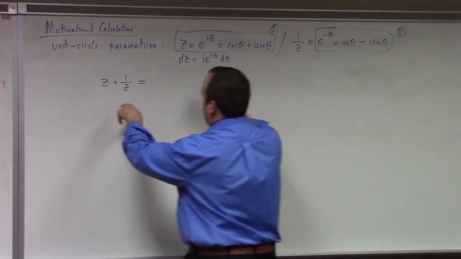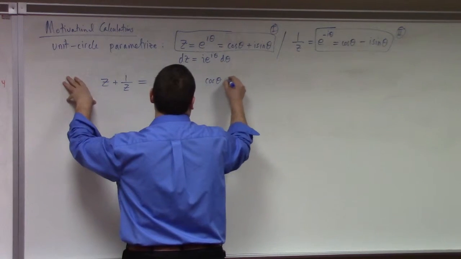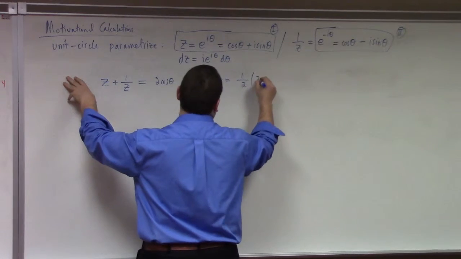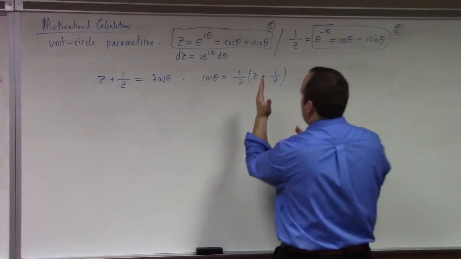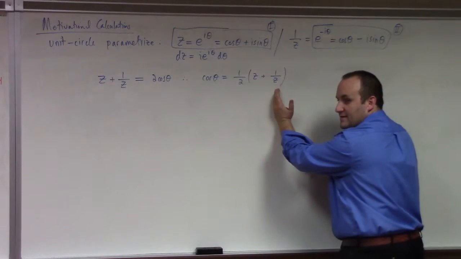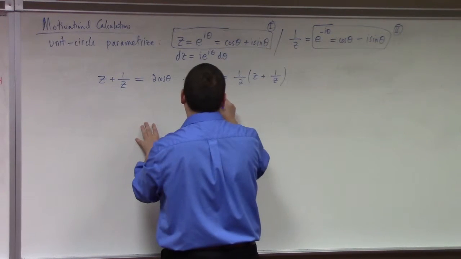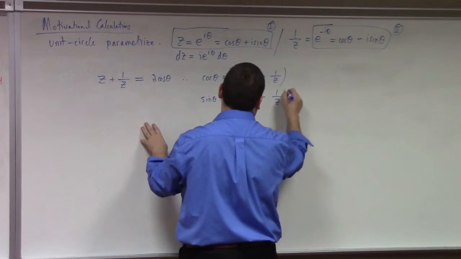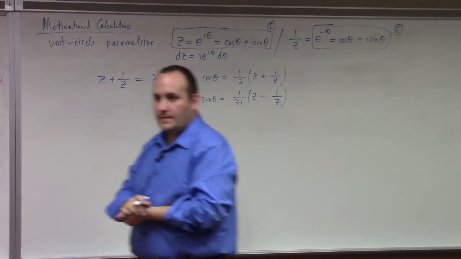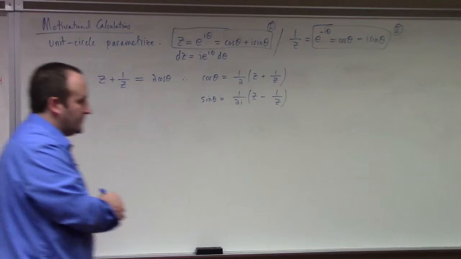Yeah, we just get 2 cosine theta, right? So therefore, cosine theta is 1/2 of z plus 1 over z, which of course is not terribly surprising because this is just e to the i theta plus e to the minus i theta. Once you see that, you're not surprised when I tell you that sine of theta is 1 over 2i times z minus 1 over z, right? This is how z, cosine, and sine theta are related on the parametrized unit circle.